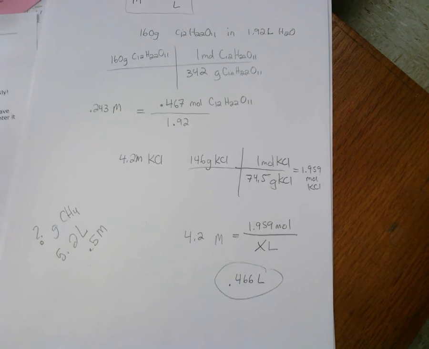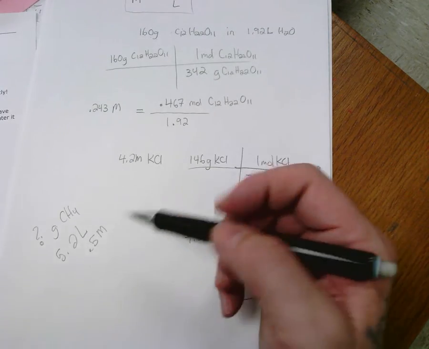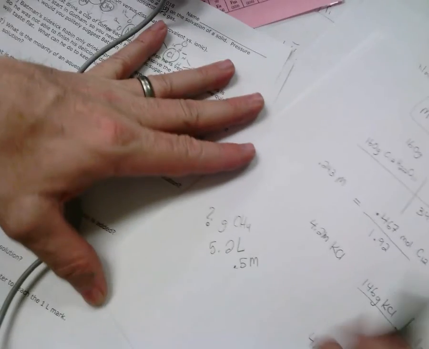So again, now they're asking differently. I'm going to do it this way. This is my alternate problem. So how many grams of CH4 are needed to make 5.2 liters of 0.5 molar?